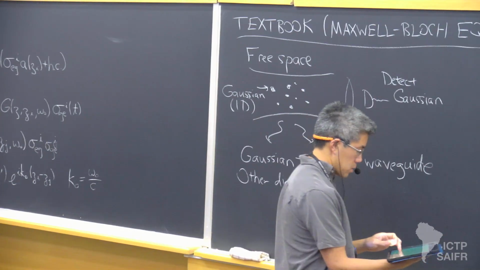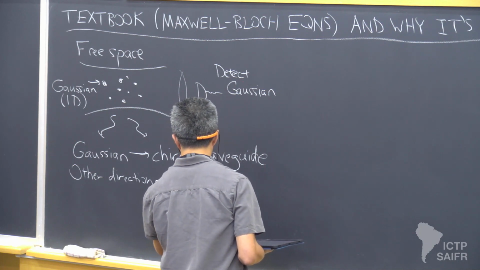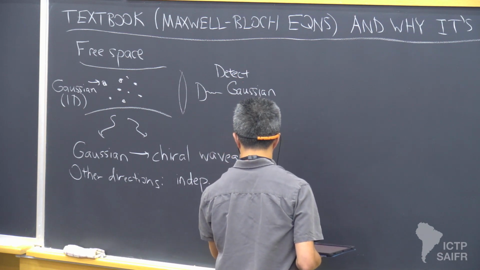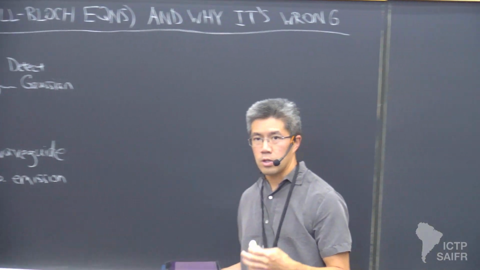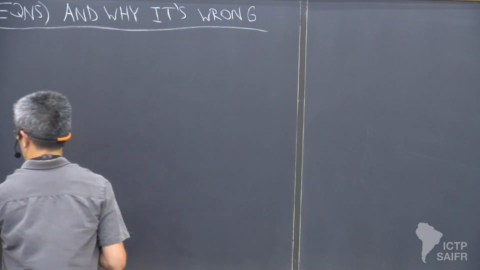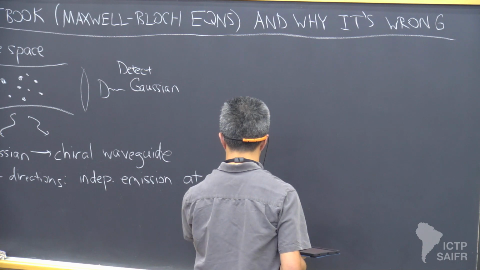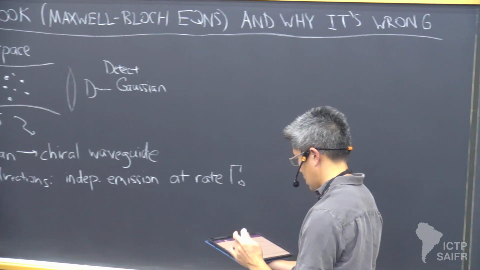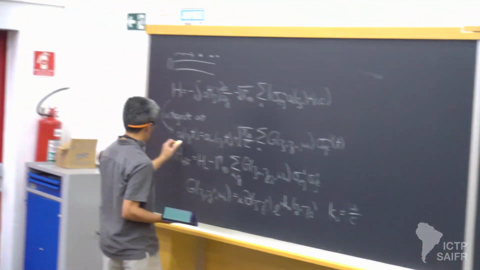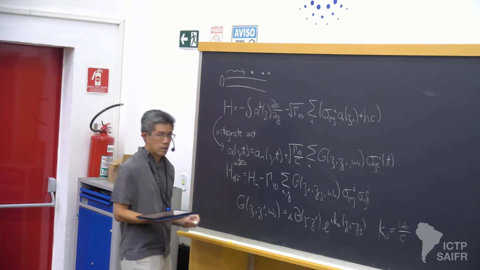And the assumption was basically that if an atom is excited, then it'll spontaneously emit independently of what any other atoms are doing. Okay. So if we call this Hamiltonian, just to be concrete, the effective Hamiltonian of waveguide QED.